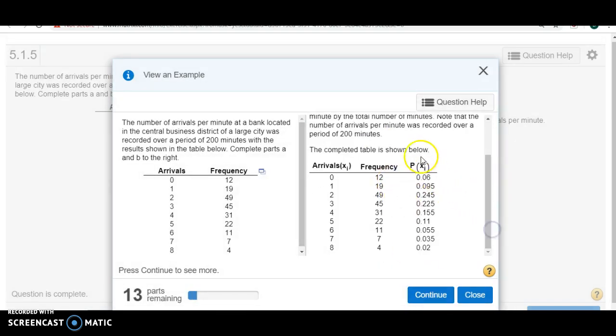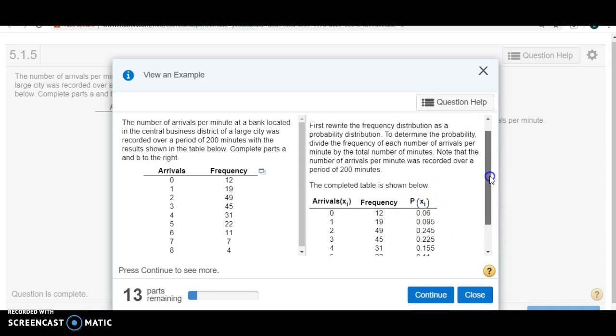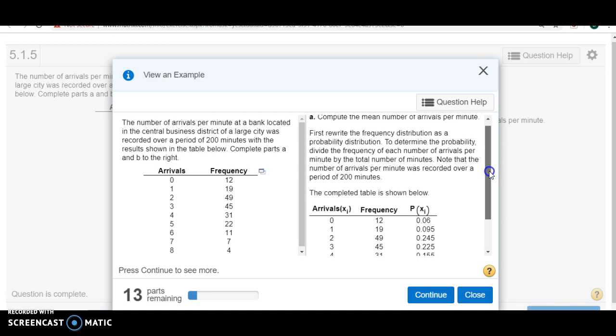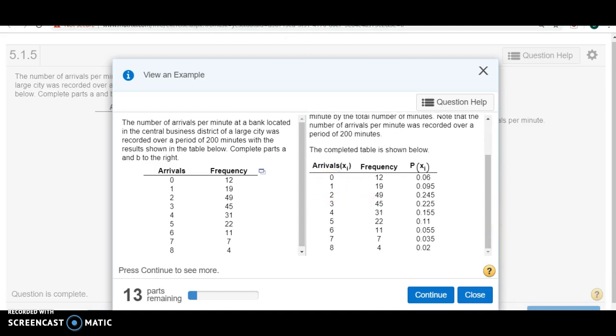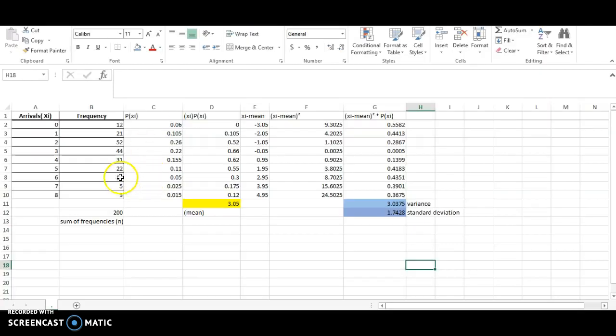The first thing you need to do is rewrite the distribution as a probability distribution. You do that by taking all of your frequencies and adding them together. I did this in Excel: I put equals sum, highlighted all of the frequency numbers, and got 200.